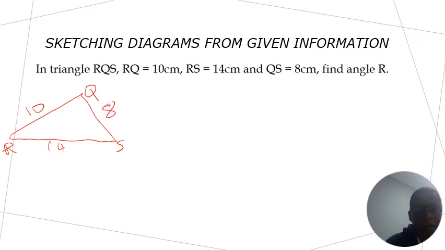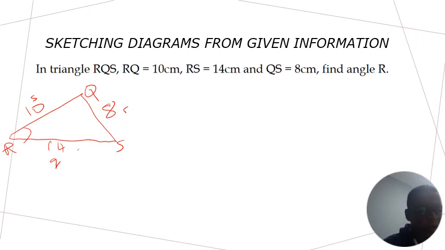Okay, so in this case you can label it. In this case you have Q here, you have small s that side, and you have small r that side. Given these parameters, they're asking you to find that angle, which is angle R.